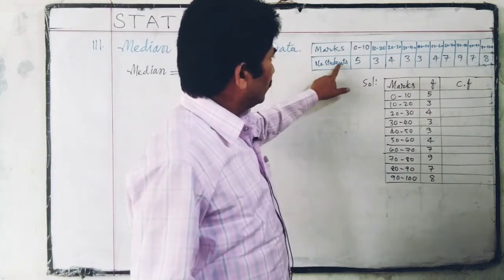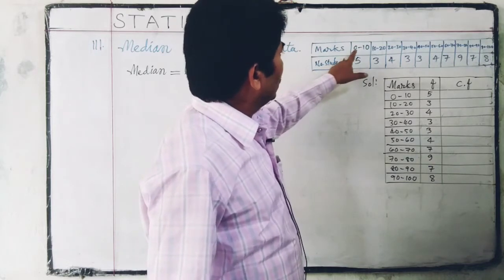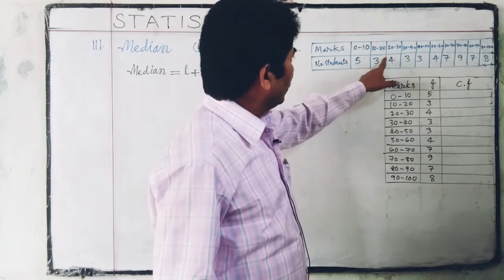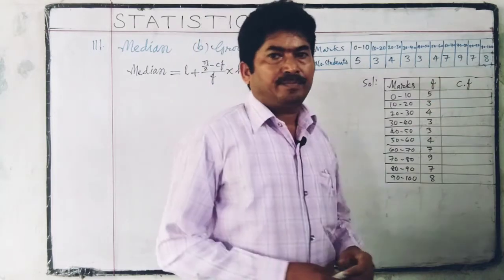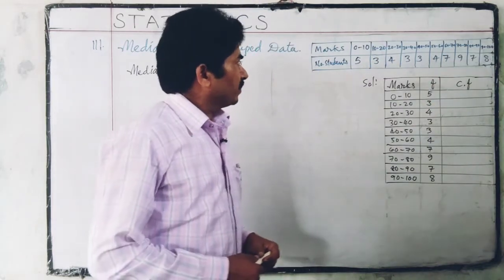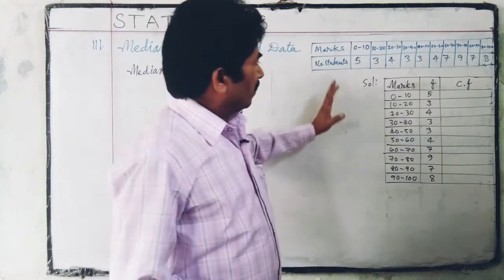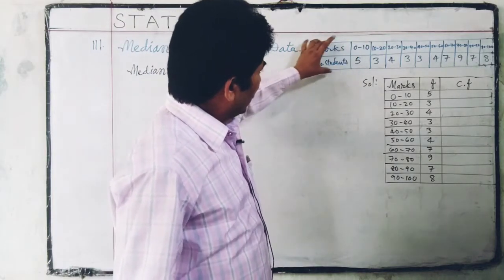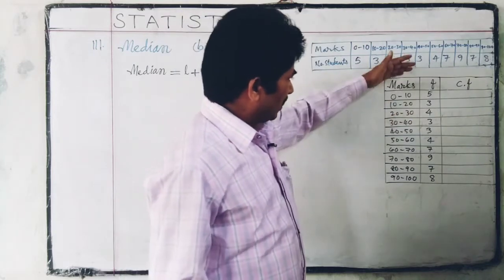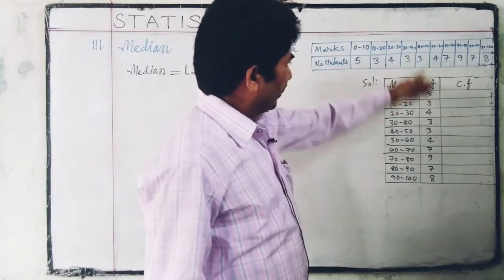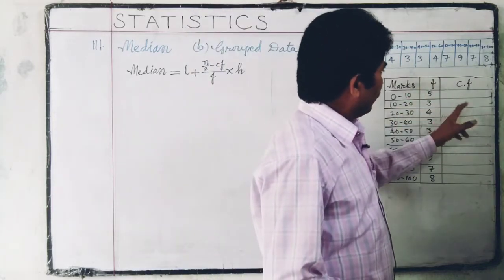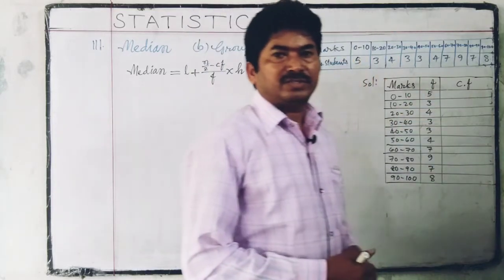Marks, number of students: 0 to 10, 5 students, 10 to 20, 3, like this given. A data table is given. We have to write marks and number of students like this, as class intervals and frequencies column-wise, and also find cumulative frequency.